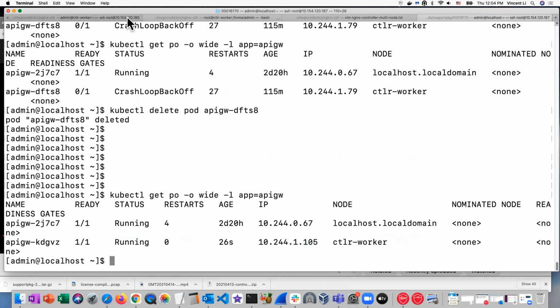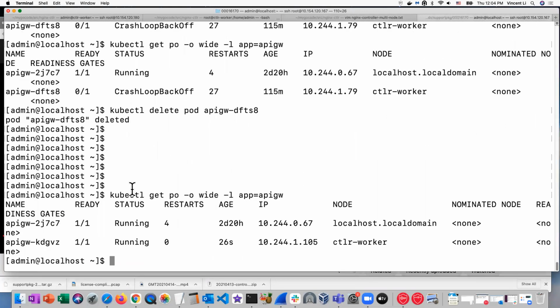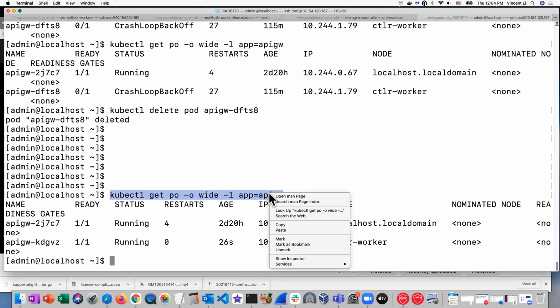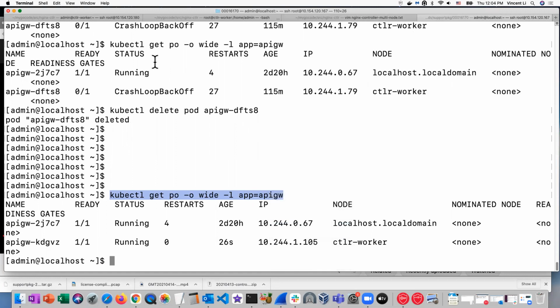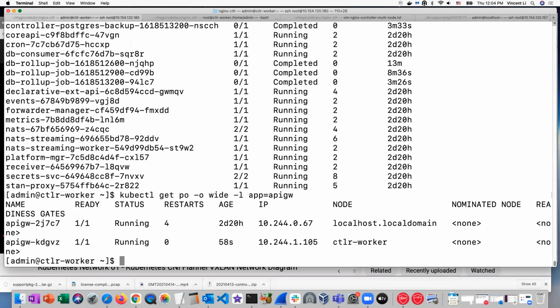So it looks like we resolved the problem. We can look at the worker node with the same command, right? Same node, same pod, and running.